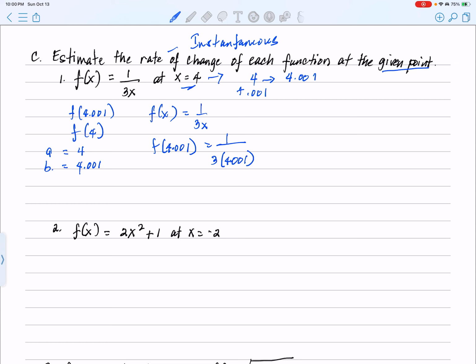So this will become 1 over 12.003. How about the function of 4? I will just have 1 over 3 times 4. That is 1 over 12.